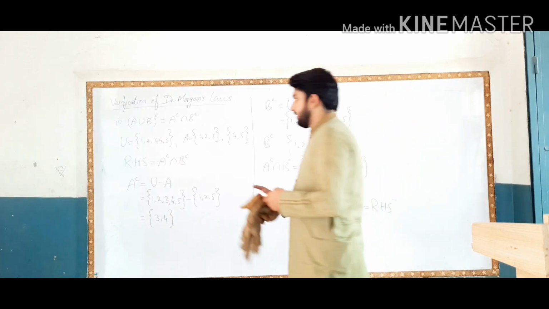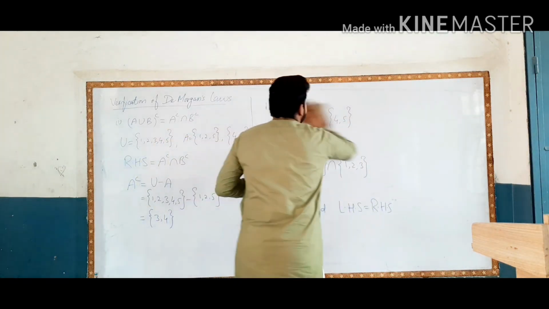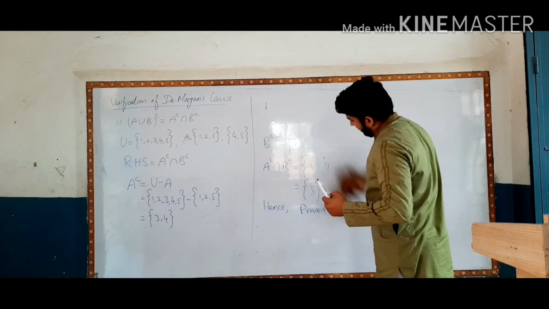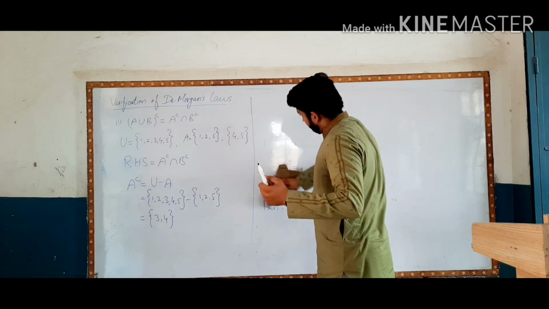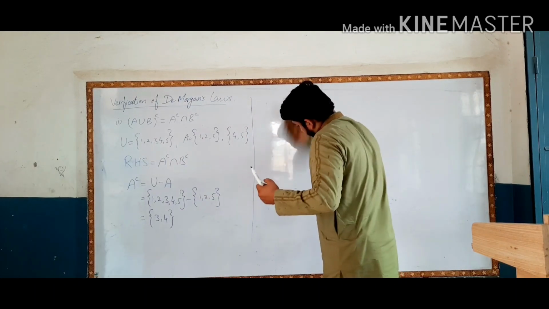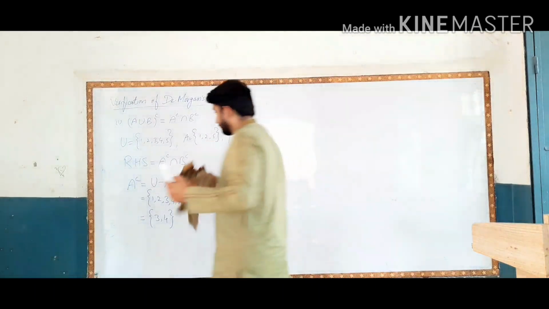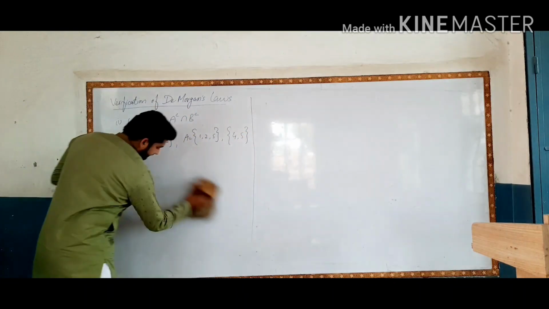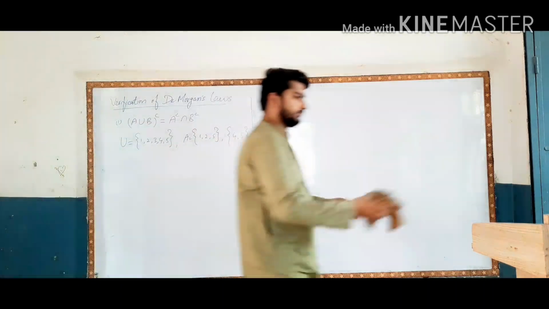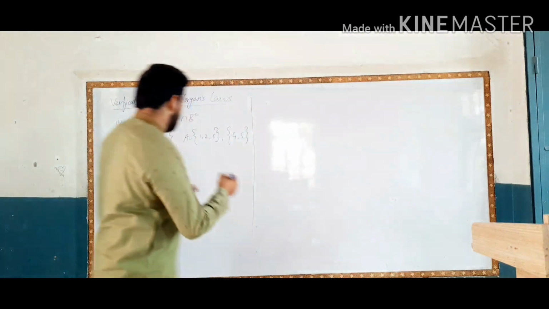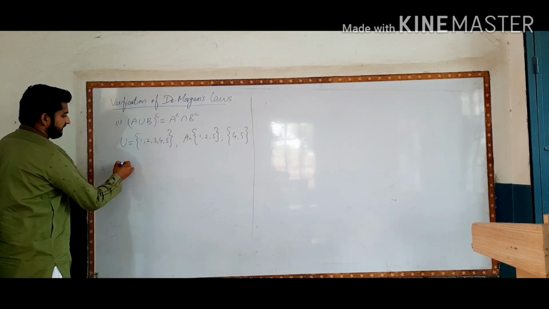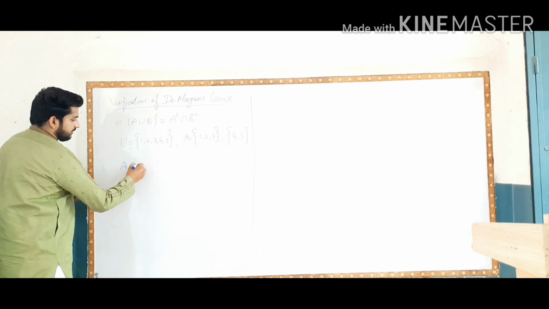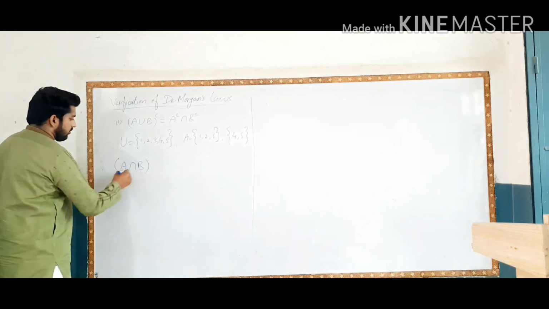Now we have to take the second De Morgan law. So the second law is A intersection B whole complement.